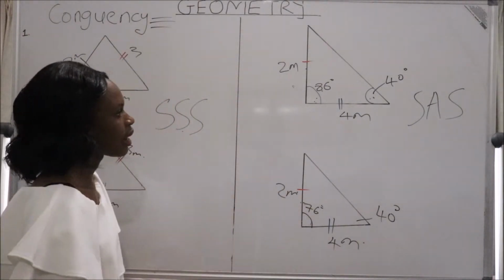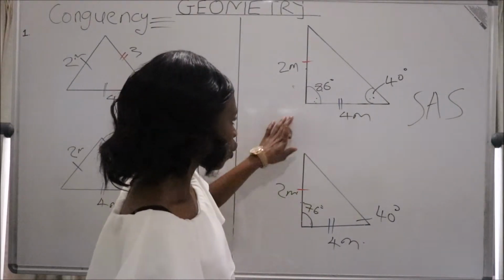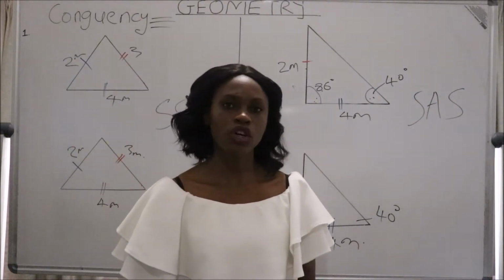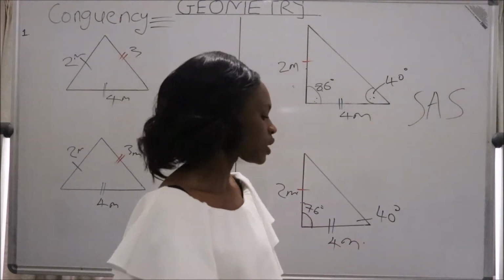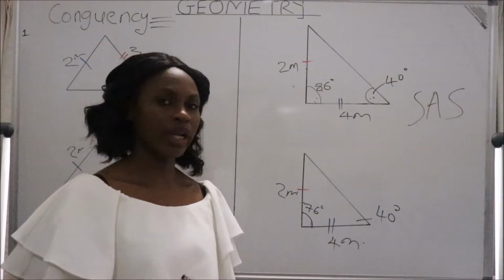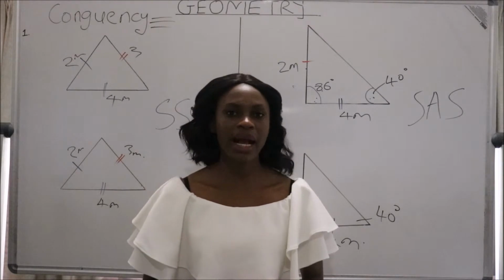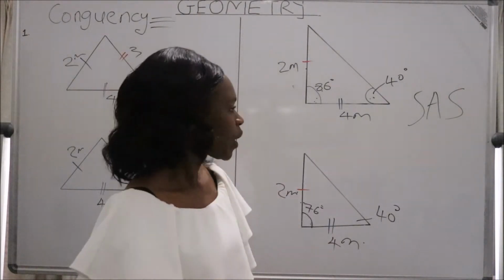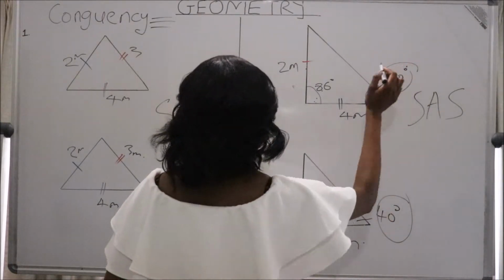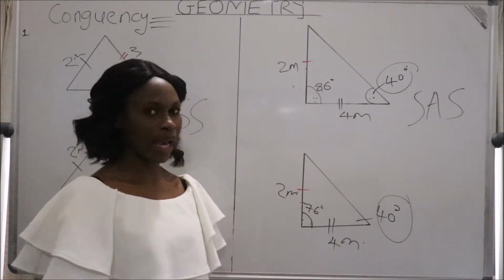But in this case, these two triangles won't be congruent to each other because it's not the included angle. You should always take into consideration that the angle which is equal must be the included angle. If it's not the included angle, then they are not congruent. So it won't be congruent if it's this 40 degrees which are equal and not the included angle.